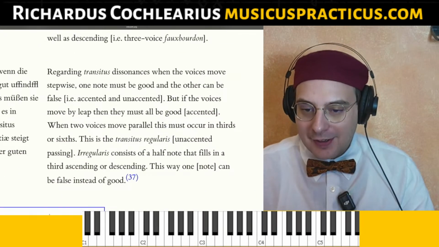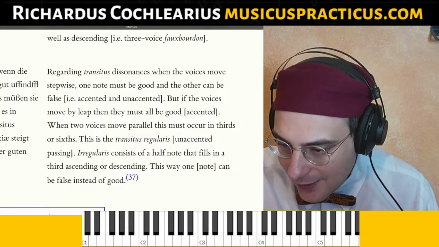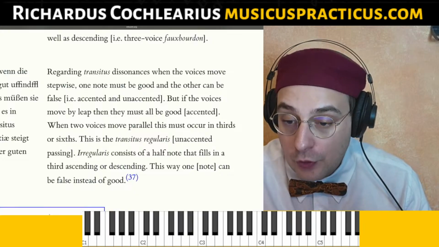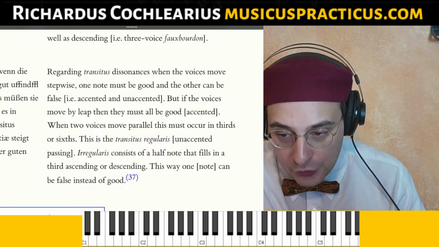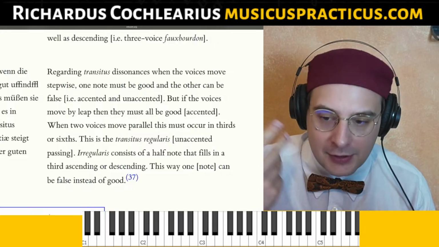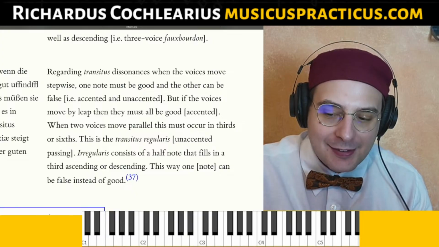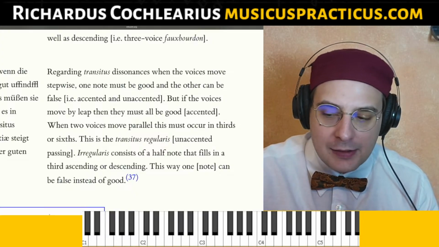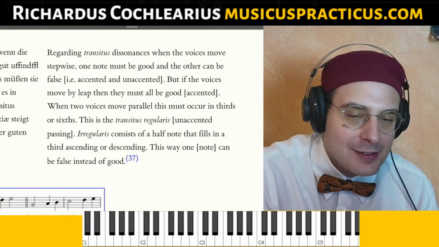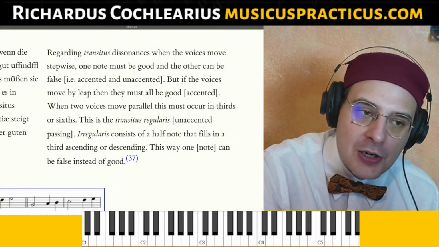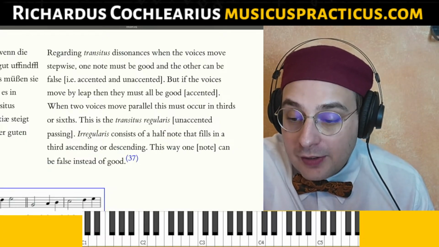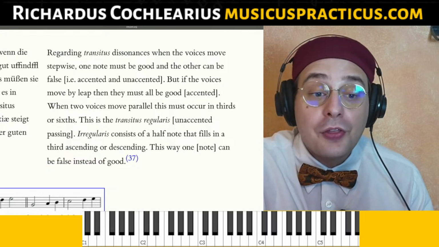Regarding transitus, dissonances: when the voices move stepwise, one note must be good, so consonant, and the other can be false, dissonant, or accented and unaccented. True, but you know, good and bad, buona, cattiva, even in Italian style, especially in counterpoint, they may refer to consonant and dissonant. When 2 voices move parallel, this must occur in thirds or sixths.